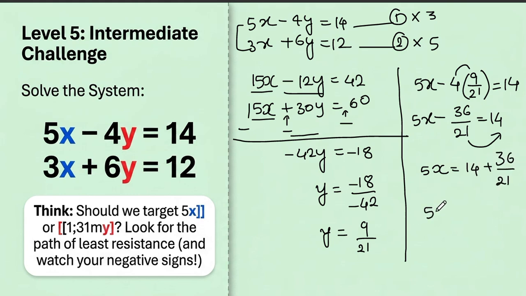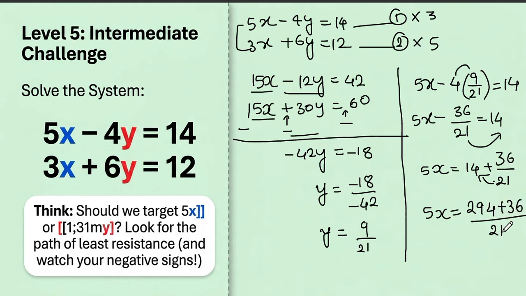So 5x is equal to, we have to do the cross multiplication. So 14 multiplied by 21, if you multiply 21 into 14, we'll get 294, plus 36, all divided by 21.